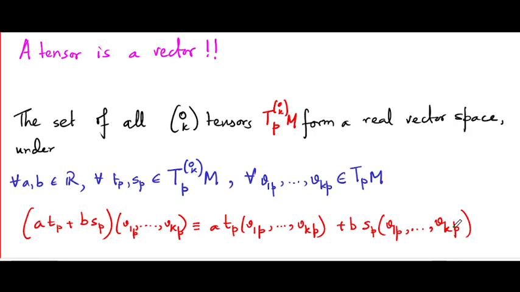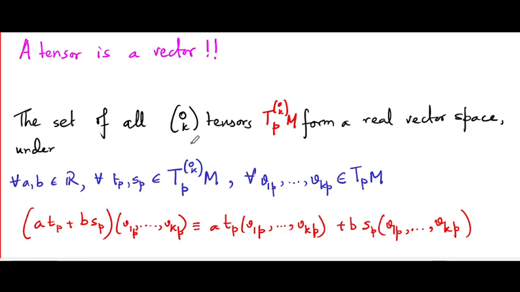Now, if you think about it, this is actually the most obvious way in which you could define a linear combination. And it is very, very easy to check, once you impose this definition of how to linearly combine two tensors of rank (0,k) each. Of course, each of these tensors has to be of the same type.